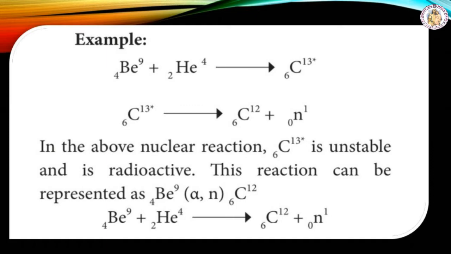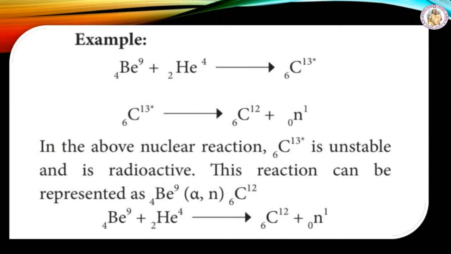So how will you write this equation? 4Be9 is the X, and He, helium, is the projectile. The particle used to induce artificial disintegration is called the projectile, so alpha, that is helium, is the projectile here.